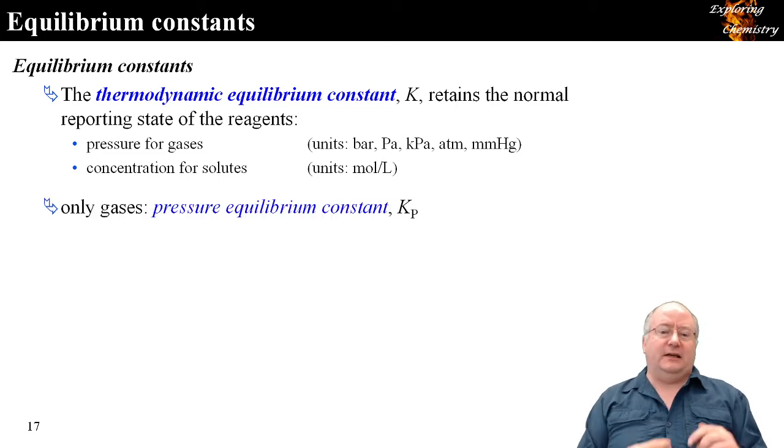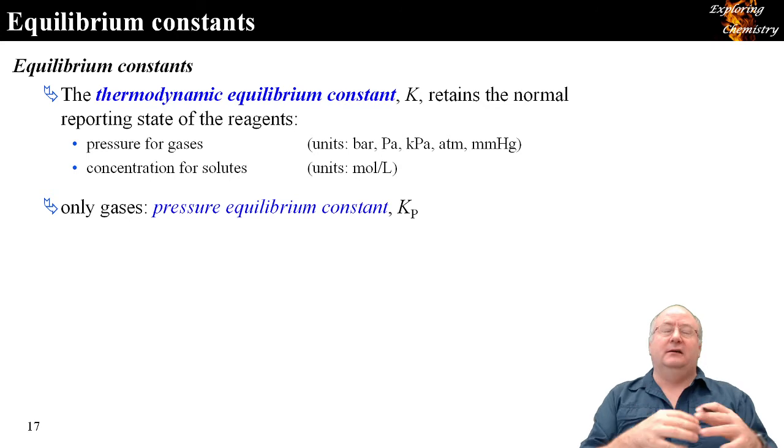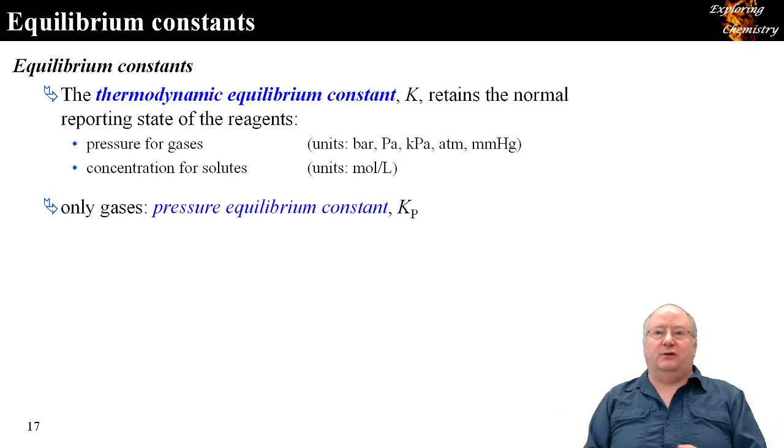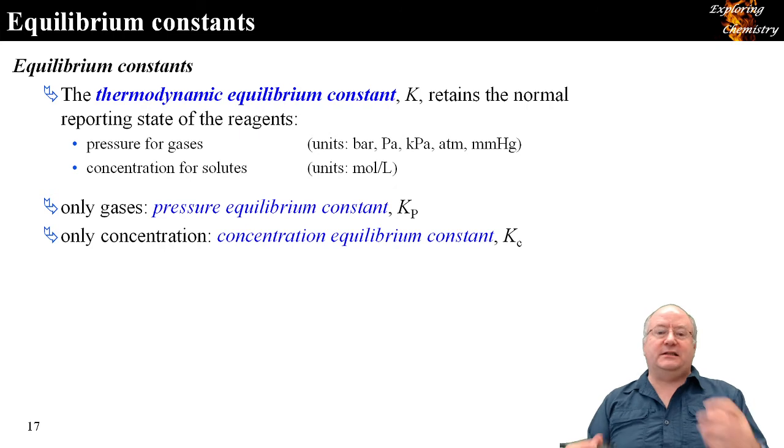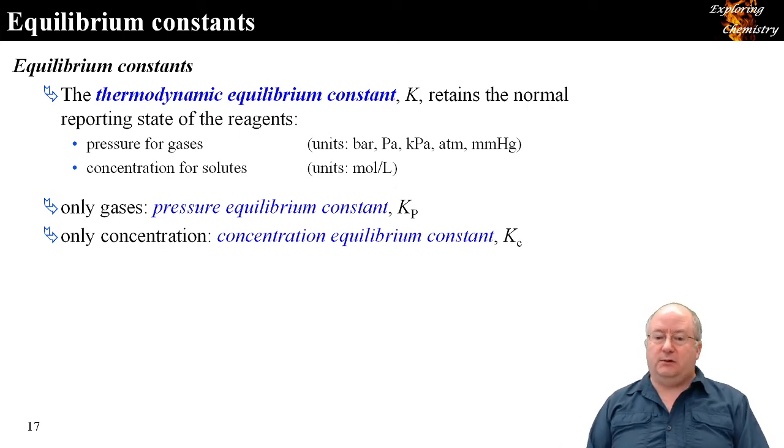The thermodynamic equilibrium constant does have some special versions of it. If you have a solution that only contains gases, then you have the pressure equilibrium constant. If you have a system that only contains solutes, then you have the concentration equilibrium constant, given the symbol Kc.